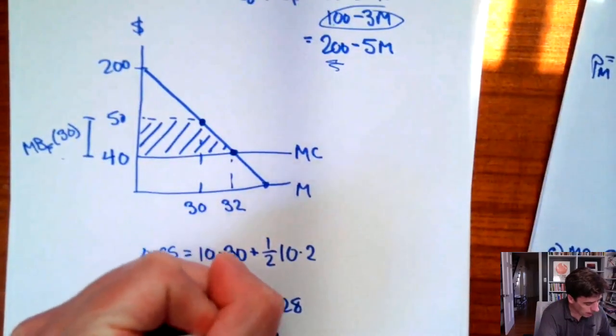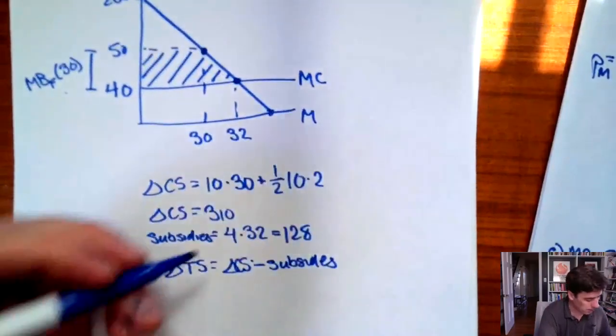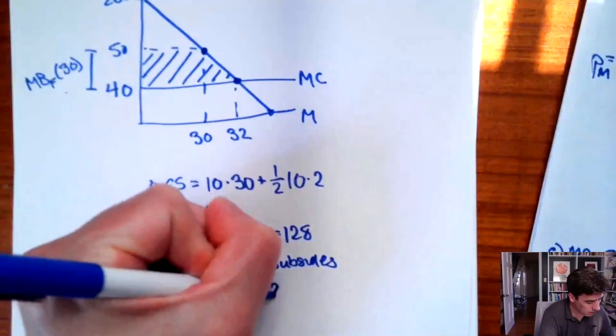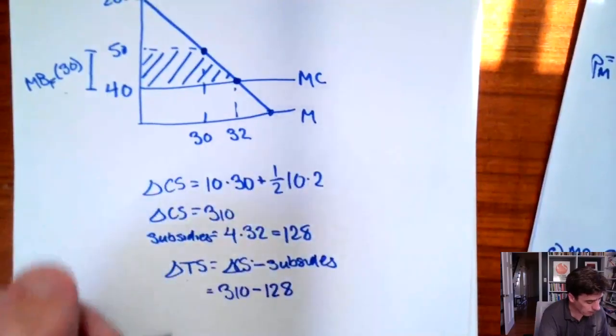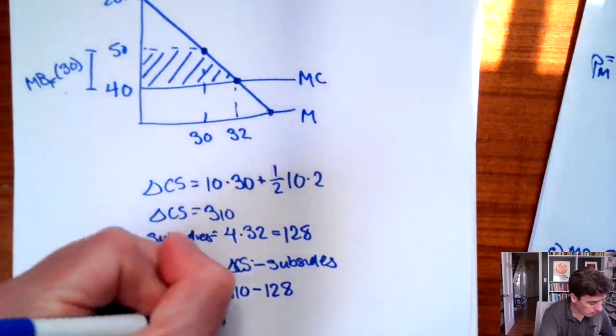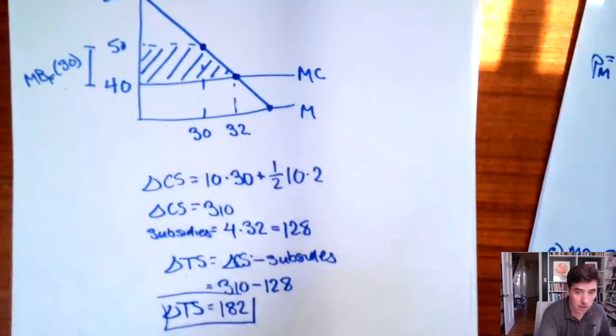But we have to subtract what we paid for the subsidies. That's a loss of surplus. So it's going to be 310 minus 128, right? And so overall, that's going to be, let's see, it's going to be 72 to get us to 200. So 172 to get us to 300 plus 10, it's going to be 182. There's our overall change in total surplus.